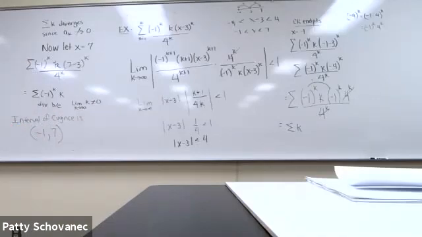And one of the main theorems that we have is, on its interval of convergence, the derivative with respect to x of a power series, I'll just write the general one, a n x to the n, can be done term by term.